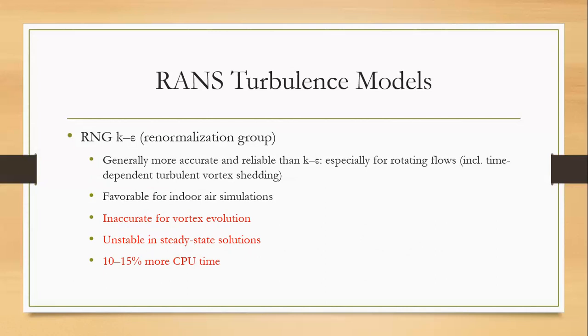Like if there is rotation, mainly eddy flow like that, then RNG K-epsilon is very good. Secondly, this model is very favorable for your internal flow simulation. Like we talked about the flow in a pipe. If there is a turbulent flow in a pipe, then this RNG K-epsilon model is very good.